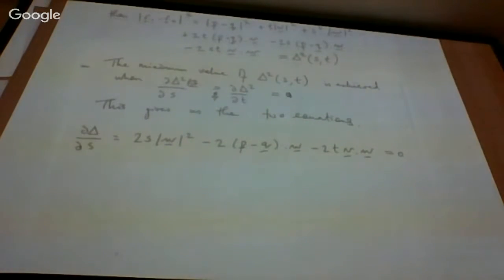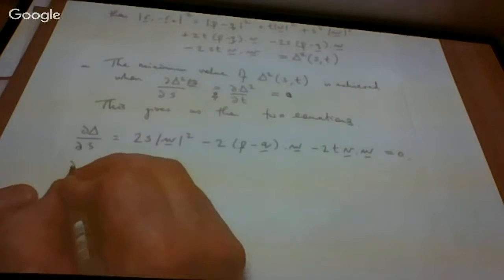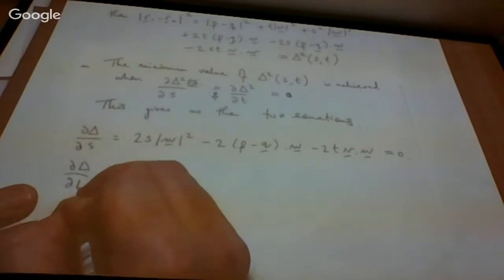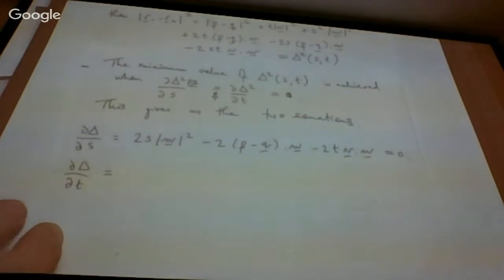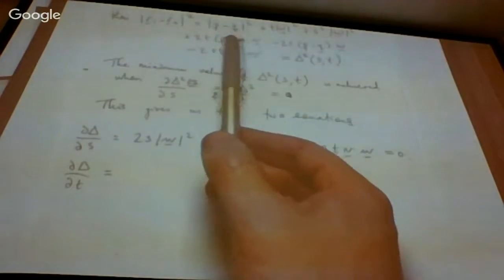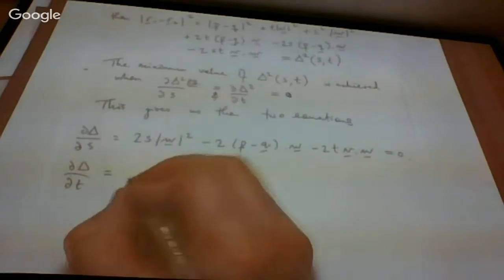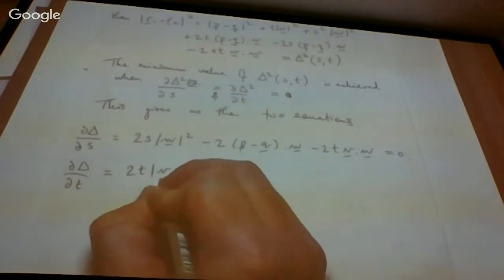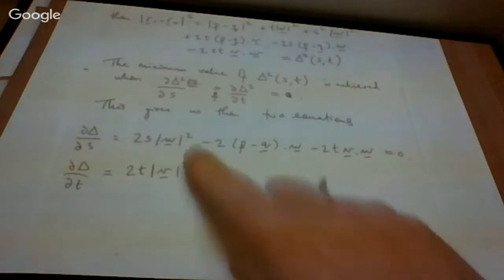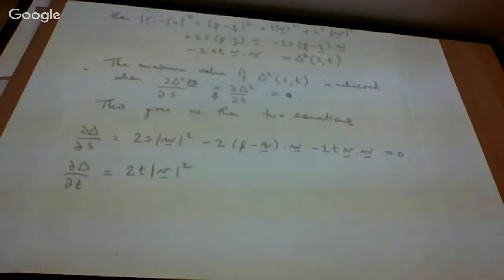Okay, so we're doing partial differentiation. This expression delta squared, we do the same thing now, but with the variable t. So d delta dt. You go along looking for the t's. Well, there's no t here, so it has a derivative of 0. There's a t squared magnitude of v squared there, so that gives us a 2t magnitude of v squared. So it's kind of mirroring what we had before with s.